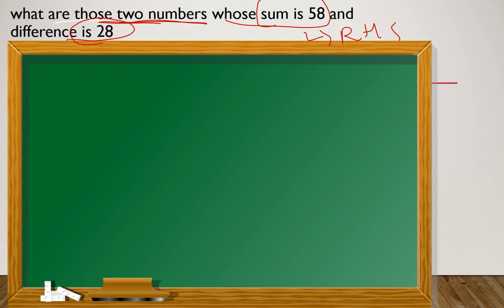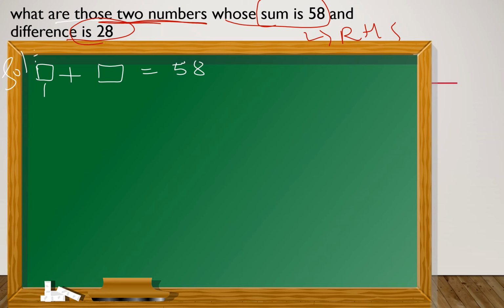What are the two numbers? We don't know the first number, and for the second number they gave the difference is 28. Let's solve. They gave the sum of two numbers is 58.